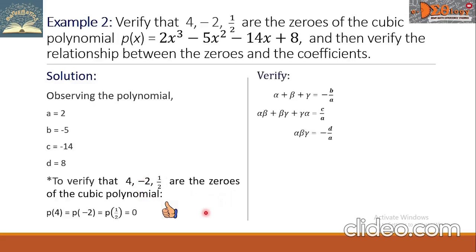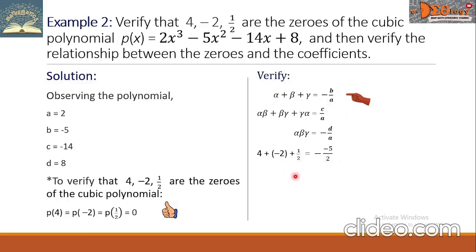Let us proceed to verify the relationship between the zeros and the coefficients. Let's begin with the first relationship. We substitute the corresponding values. We have now 4 plus negative 2 plus 1/2 equals negative b over a, and that is the negative of negative 5 over 2.